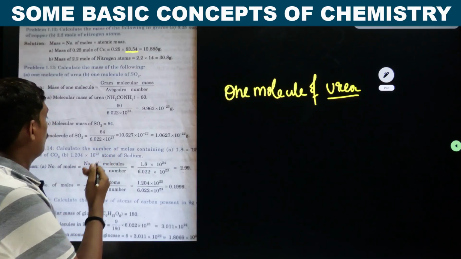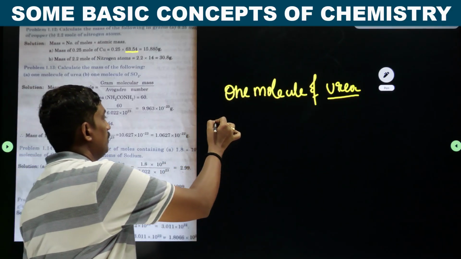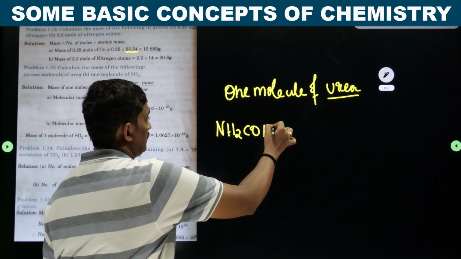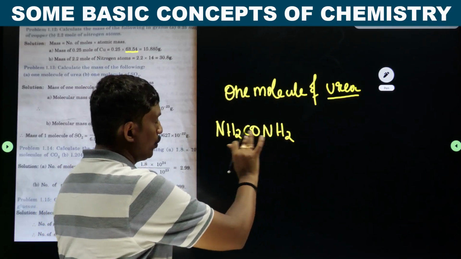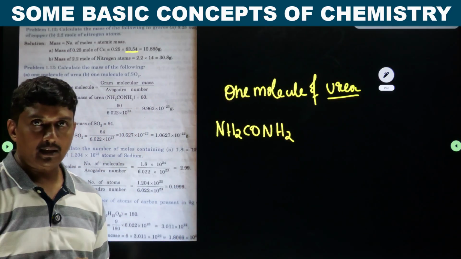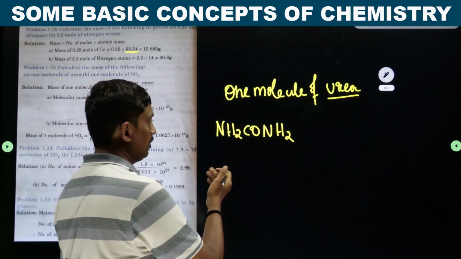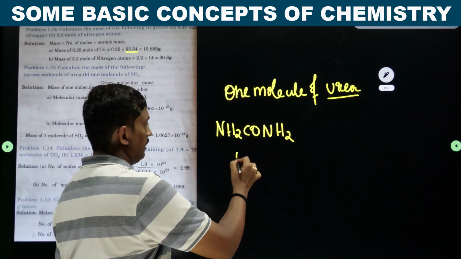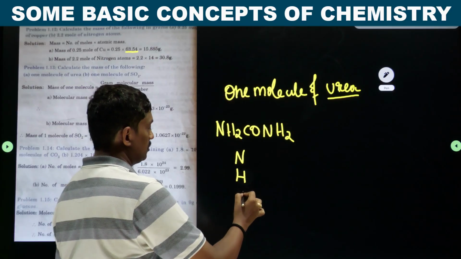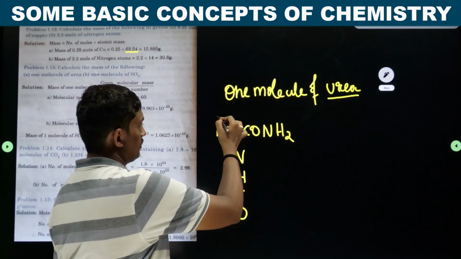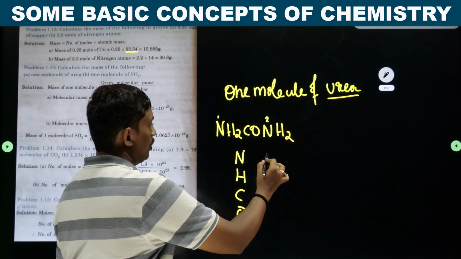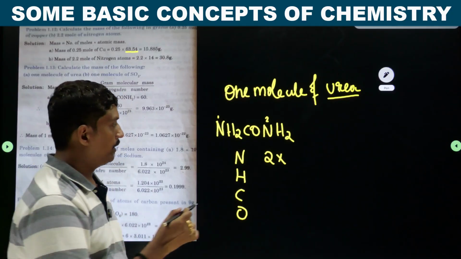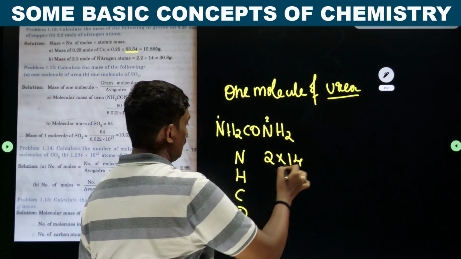Urea, what is the molecular formula of urea? CONH2 twice, that is CO(NH2)2. If you know the molecular formula, you can calculate molecular mass. As I taught you in the beginning, first write the elements: nitrogen, hydrogen, carbon, oxygen. First take nitrogen, 2 nitrogens, atomic mass 14, so it is 28.